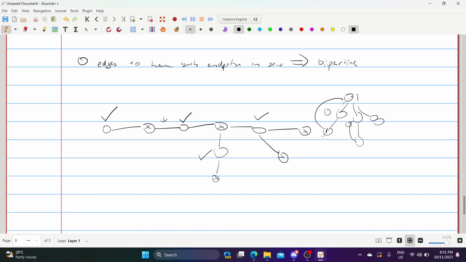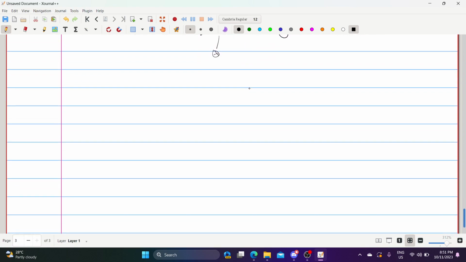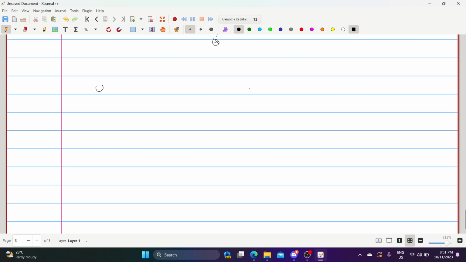But now the problem here is that the question allows at most one edge. If you think about it, it's roughly the same thing. At most one edge can have both ends inside, and the rest will have the same pattern, will be bipartite.